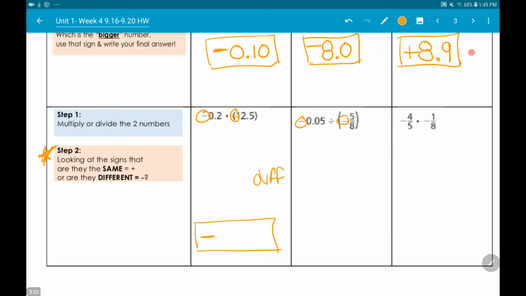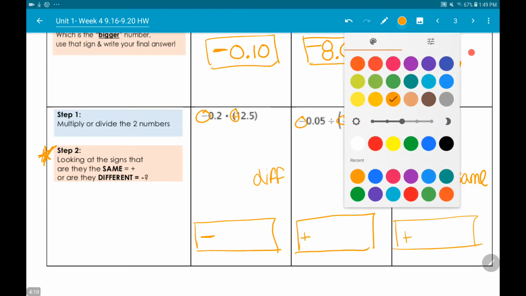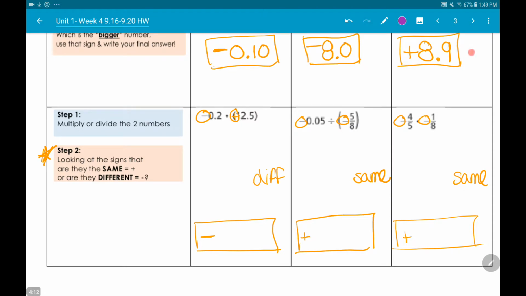Here in my next one, I have signs that are the same, so my final answer will be positive. And what do we have in this last one? They're the same, so my final answer should be positive. We are letting you either do this one by hand or you can use a calculator.